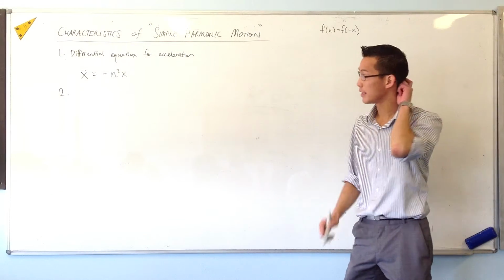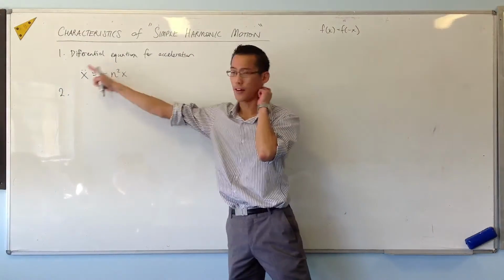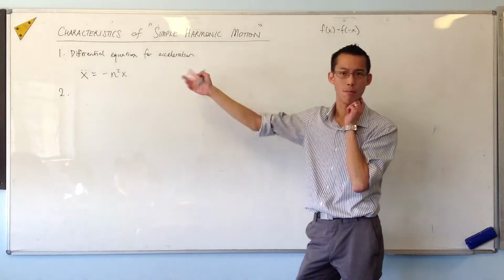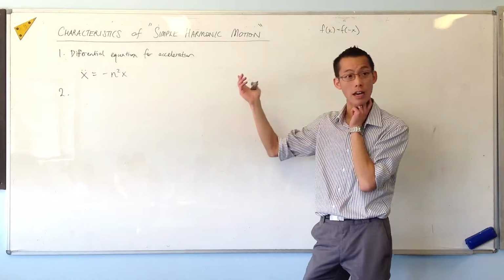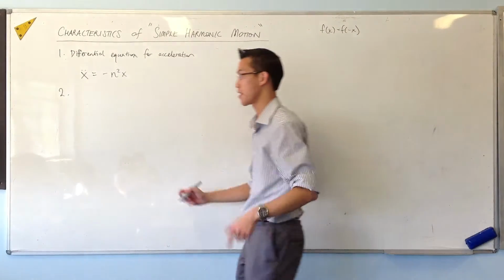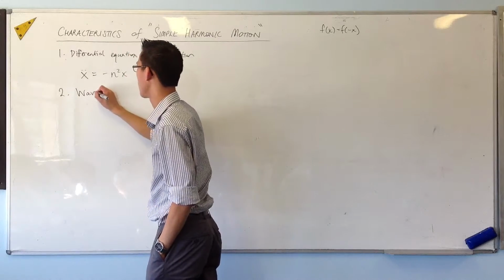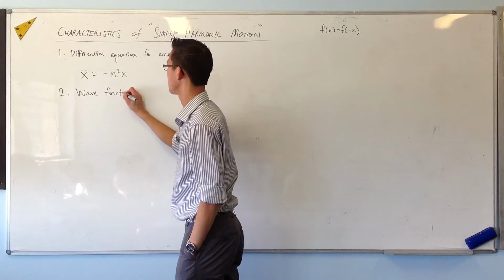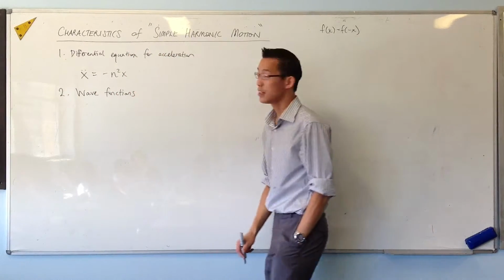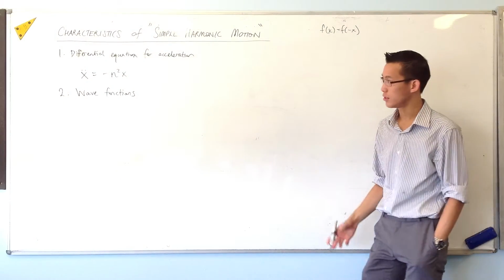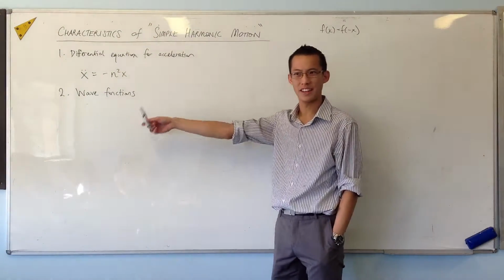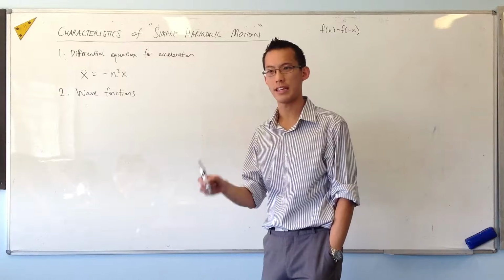Okay. So firstly, what kinds of functions obey this kind of property, show this kind of characteristic? The kinds of functions are wave functions. So anything which moves in simple harmonic motion should move according to a wave function. Now, do you remember this back from when we did auxiliary angle?